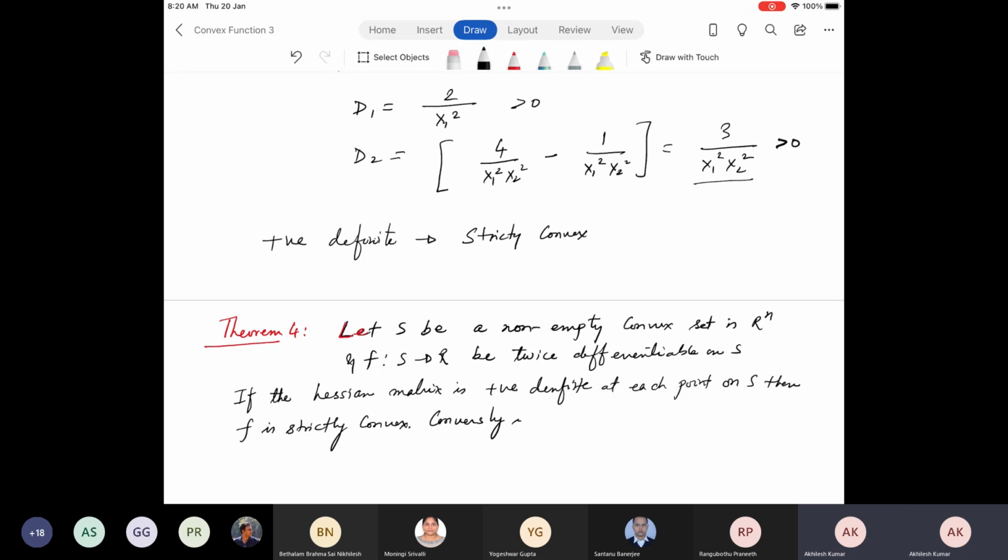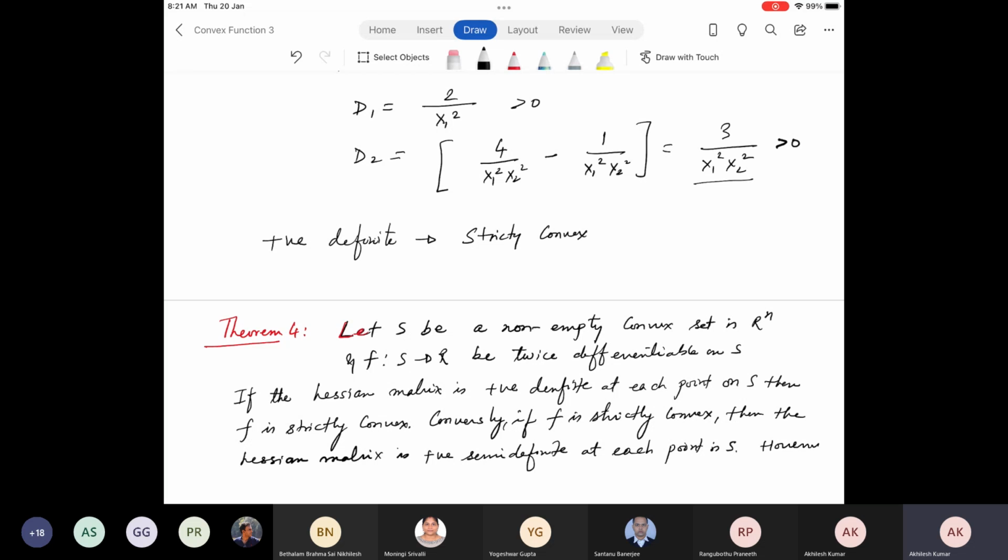Conversely, if F is strictly convex, then the Hessian matrix is positive semi-definite at each point in S.